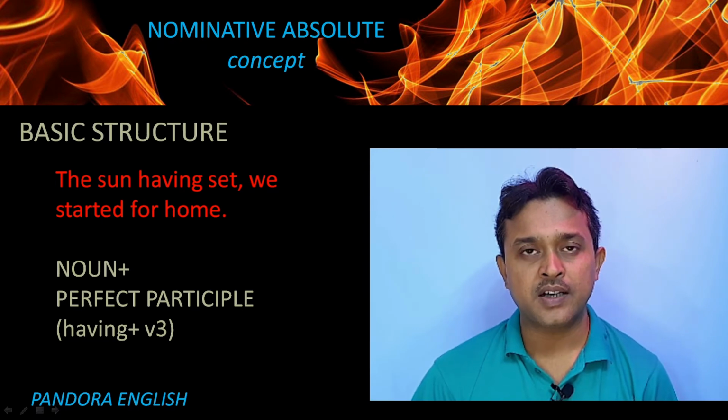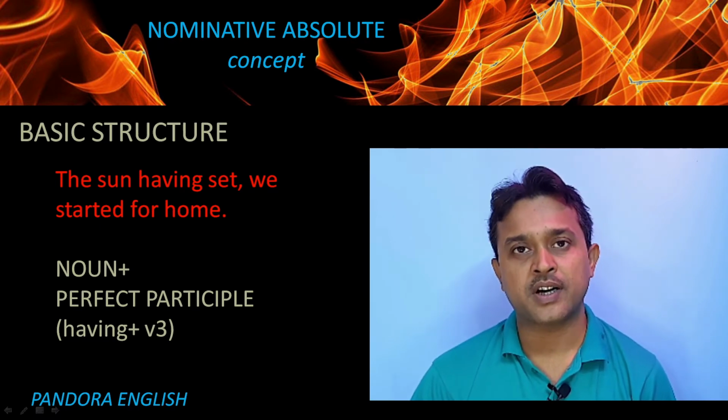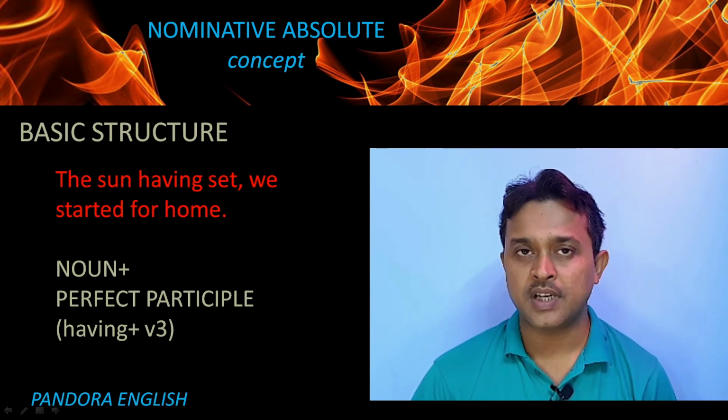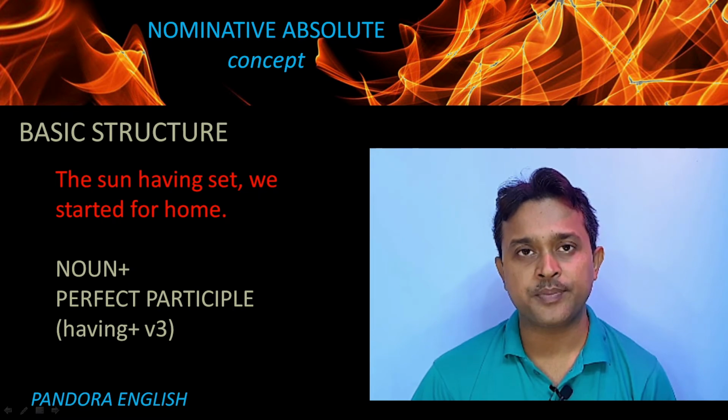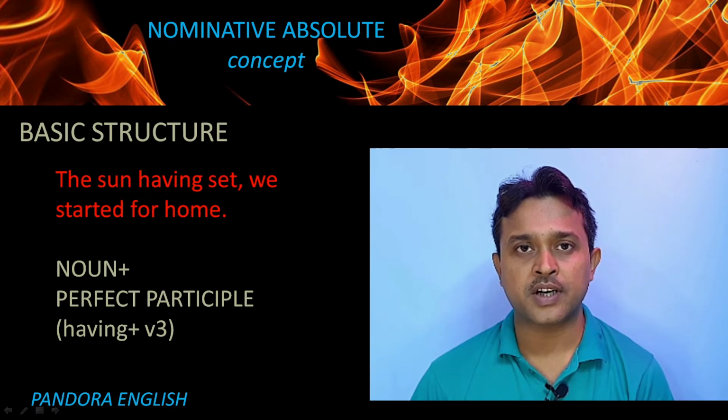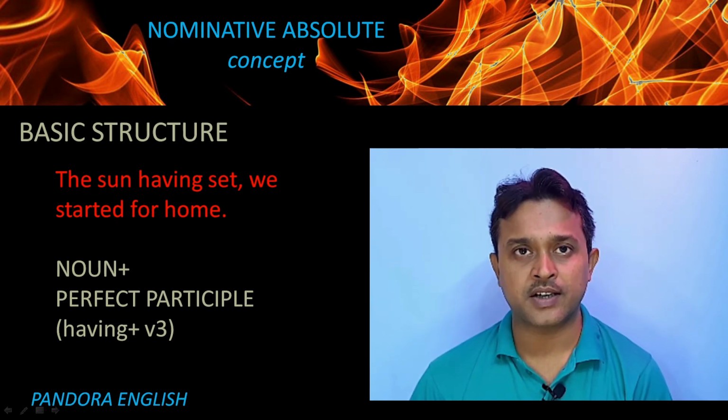The sun having set, we started for home. In this example, the sun is the noun and having set is a perfect participle forming the nominative absolute. It suggests that the action of the setting of the sun is complete even before the action of starting for home has started.